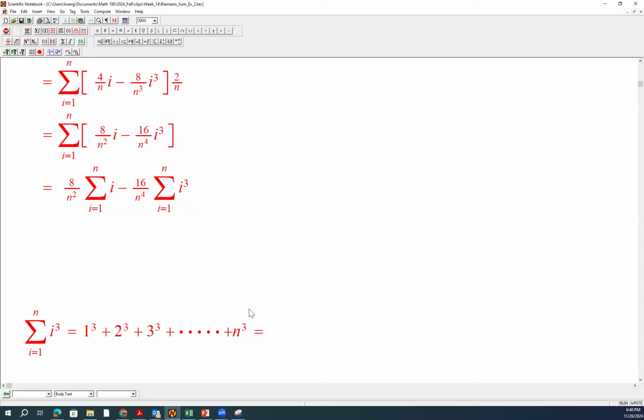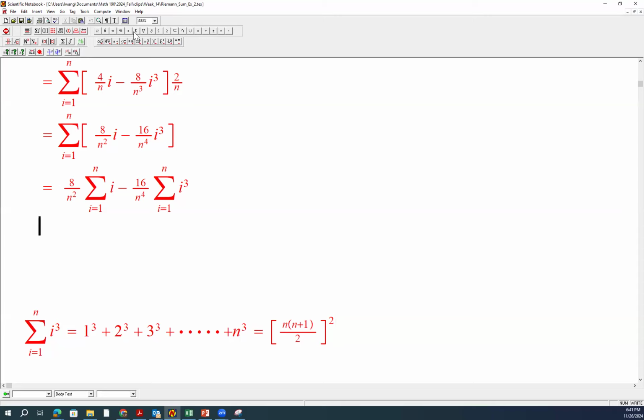What would that be equal to? And we have a formula for it. You should see it in your index card, okay? It's n times n plus 1 over 2, squared. I'm looking at the textbook for that formula. So I don't expect you to remember that formula, but if you use it often enough, of course, you can't help it. You will remember, but you still have access to the index cards.